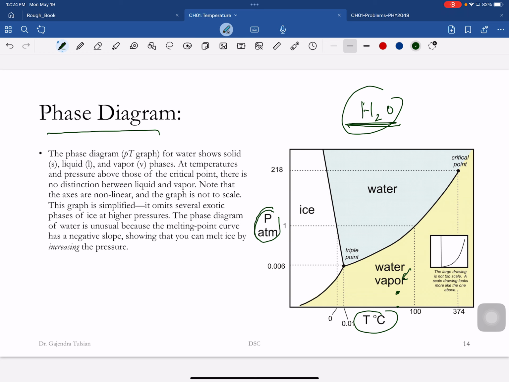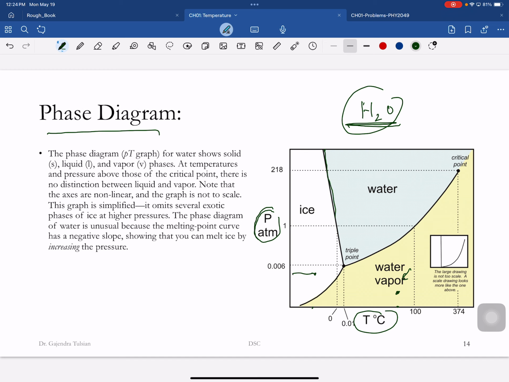This diagram contains a lot of information. At this temperature and this pressure, what is it saying? It can only exist in solid form. If you have water, it's solid. You can't have water vapor. You can't have liquid water at that temperature and pressure.